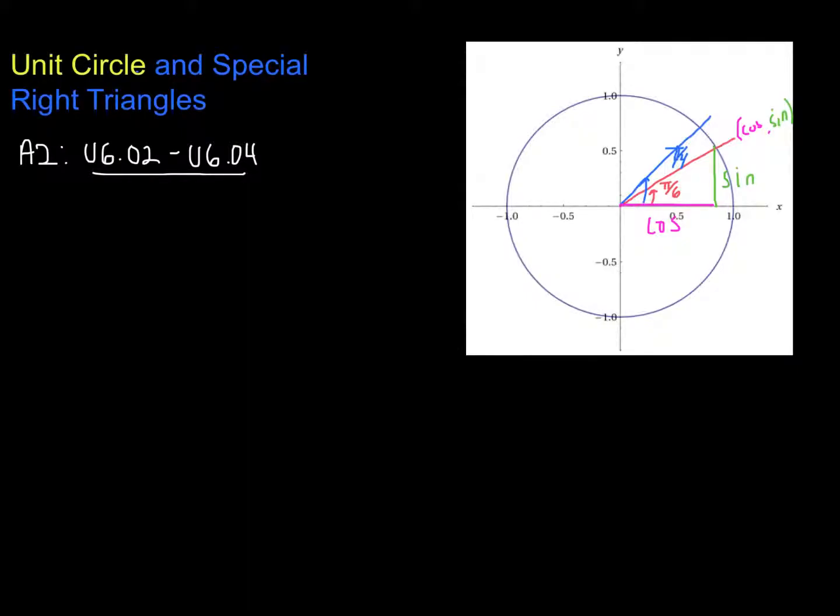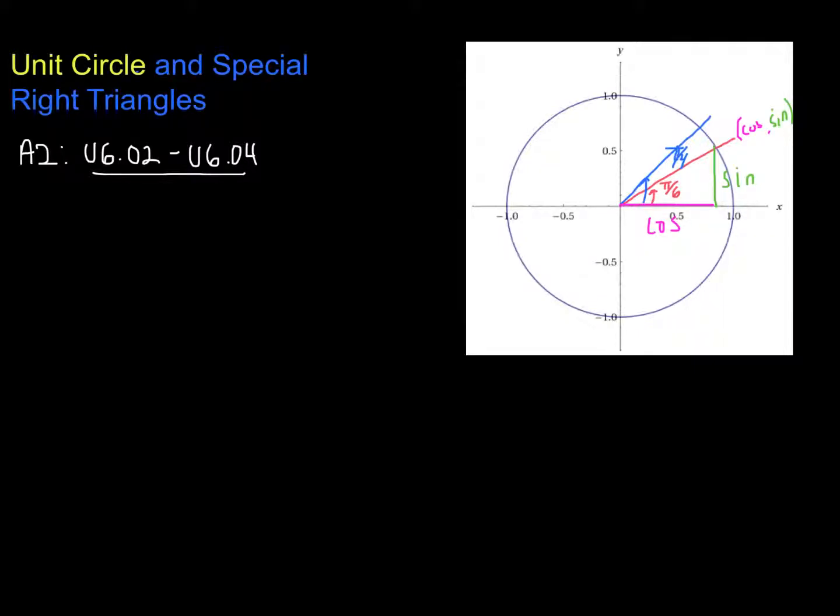And so what we see is that we've constructed a right triangle, right? This y length is perfectly parallel to the y-axis, and this cosine, the x-coordinate, is perfectly parallel to the x-axis. And so we've created a right triangle where one of the angles is pi over 6 radians, the other angle is 90, and then if you think about it, this angle here, if this is 90, this is 30, this has got to be 60, or pi over 3.